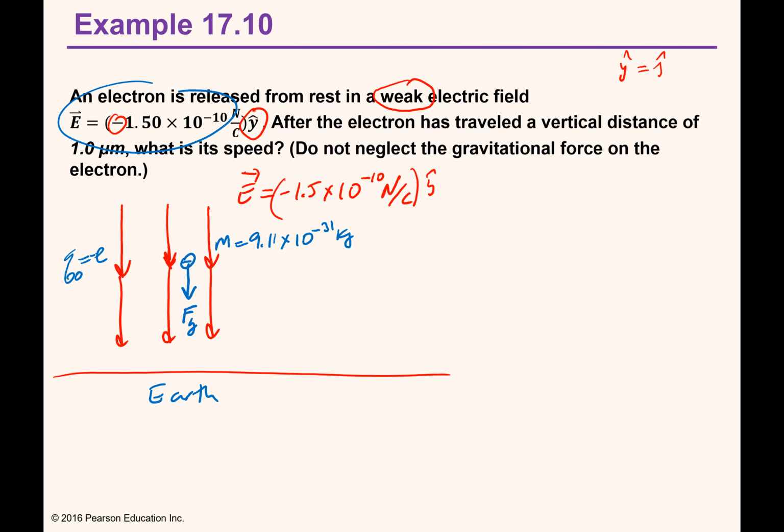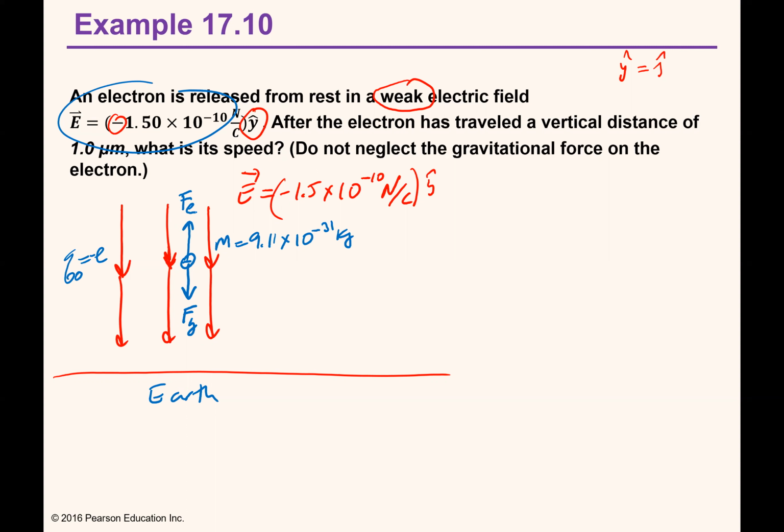Well, hopefully you realize that if the test charge is negative, the electric force is in the opposite direction of the electric field, which means the electric force here is in the upward direction. So here's the electric force. All right.